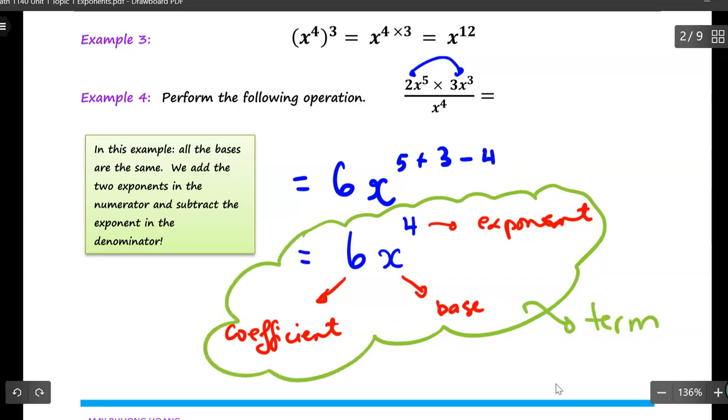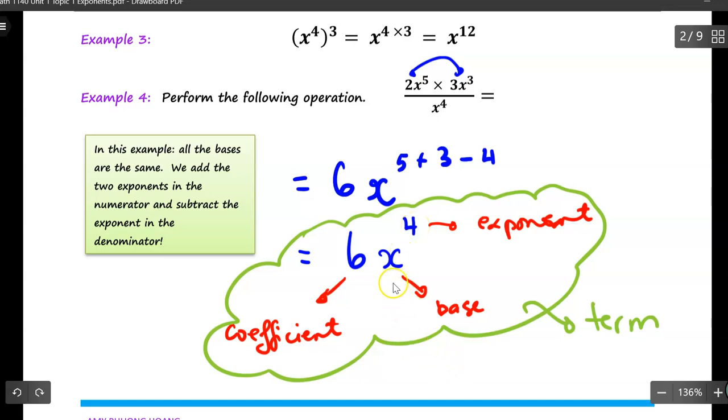A term consists of a coefficient and a variable. In this case the variable is x, but x raised to the exponent 4, so this whole thing here is called a power, and the power consists of a base and the exponent. So don't forget this important terminology.